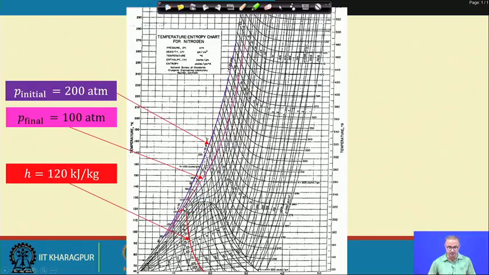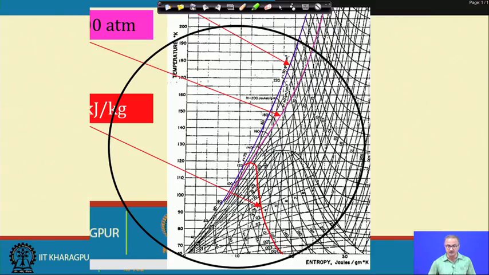Both the isobaric lines will be intersecting this isenthalpic line, and as you can see from this figure, both these curves are lying on the left hand side of the maximum of the isenthalpic line. If we zoom in, we can see more clearly how the isenthalpic line and the two isobars are placed on the TS diagram.